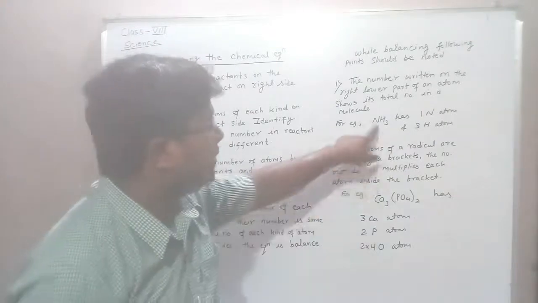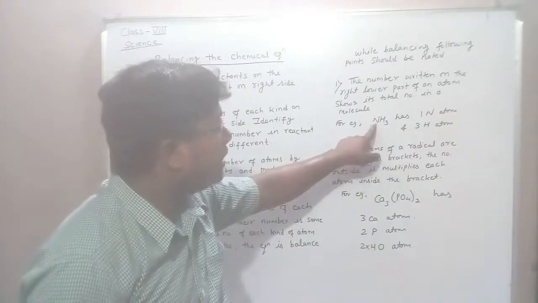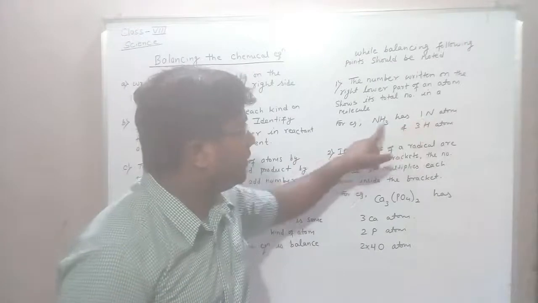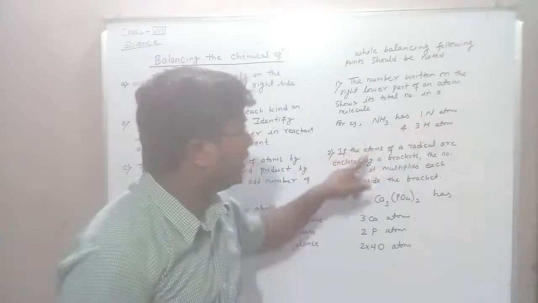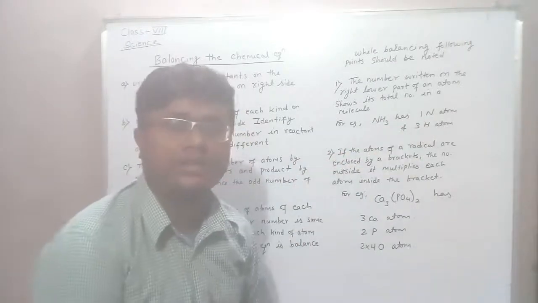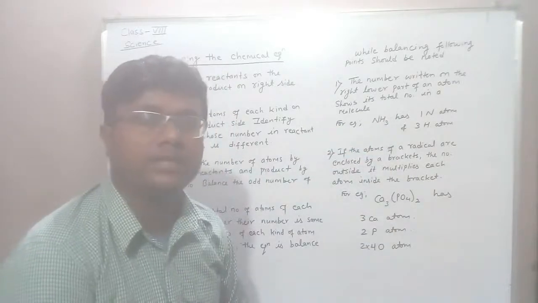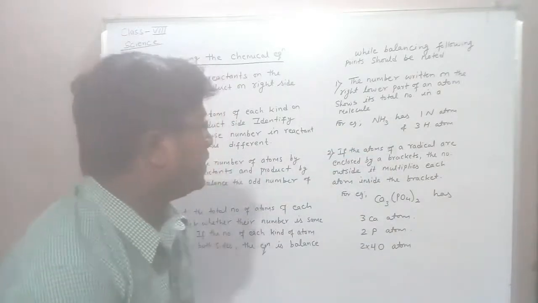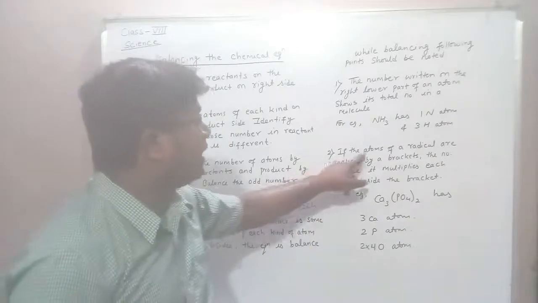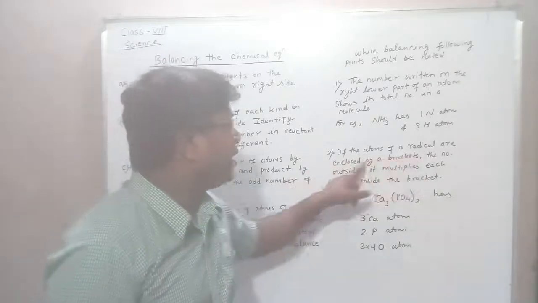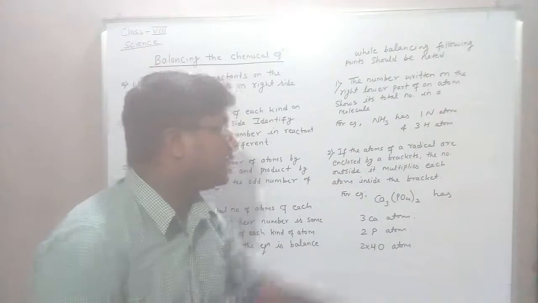So it means there is one nitrogen atom and 3 hydrogen atoms. This number 3 is for hydrogen. Is it clear?